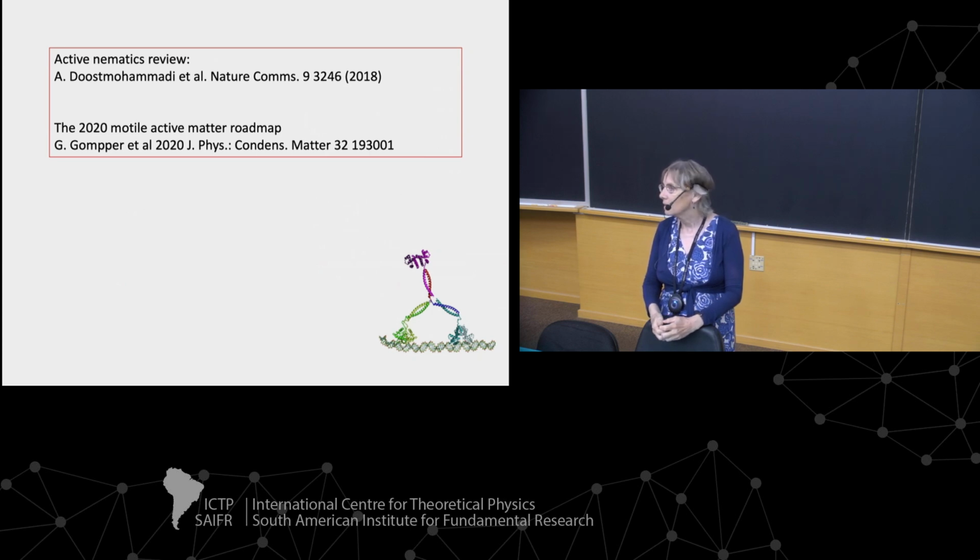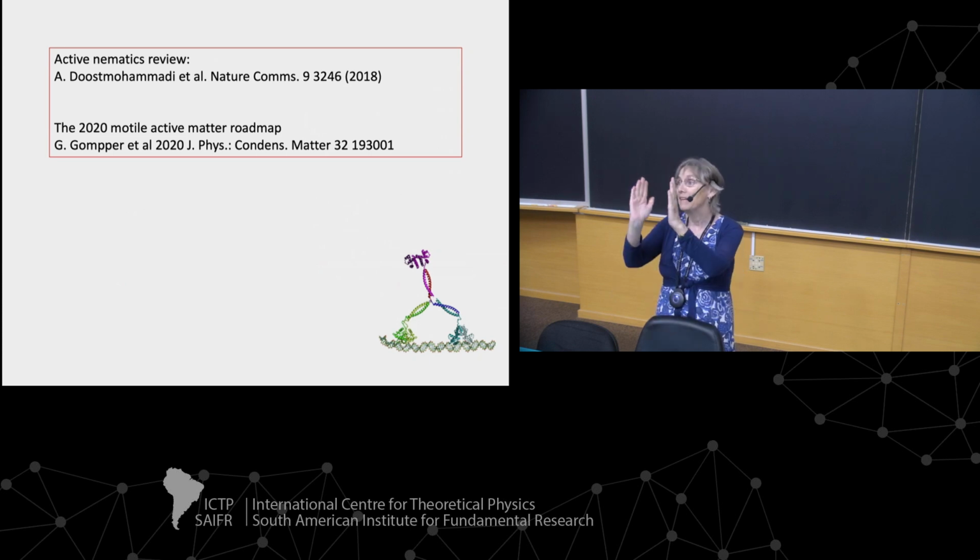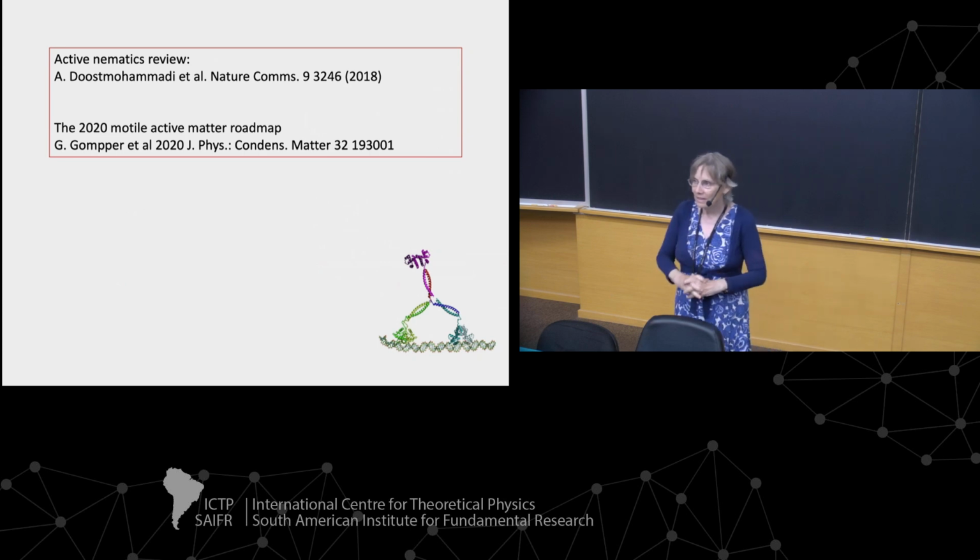In your continuum model, when you write down the active stress, especially in these dense states, do you need to take into account the change in fluid viscosity due to the particles? Strictly, in a liquid crystal you might have five different viscosities because it depends on exactly which direction you're pulling relative to the director.